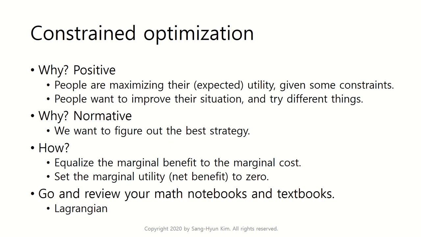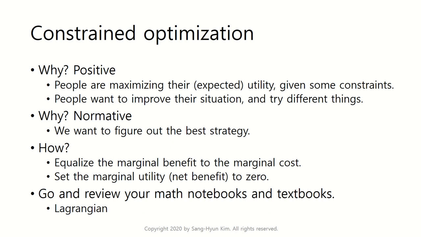So maybe at one point in time they are not maximizing their utility, but over time they make small changes in the direction to improve their situation, improve their personal satisfaction or utility, and such changes add up to something similar to maximized utility.